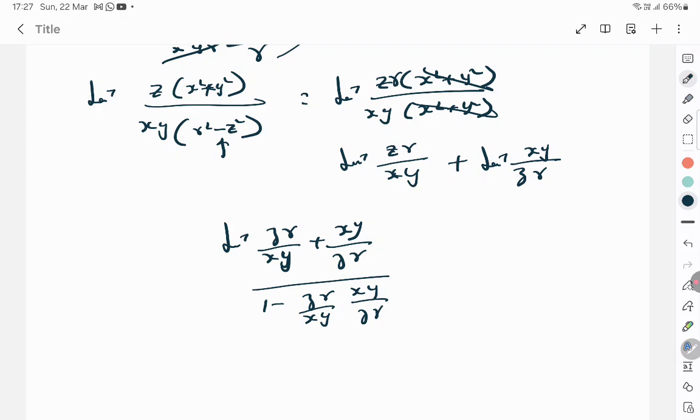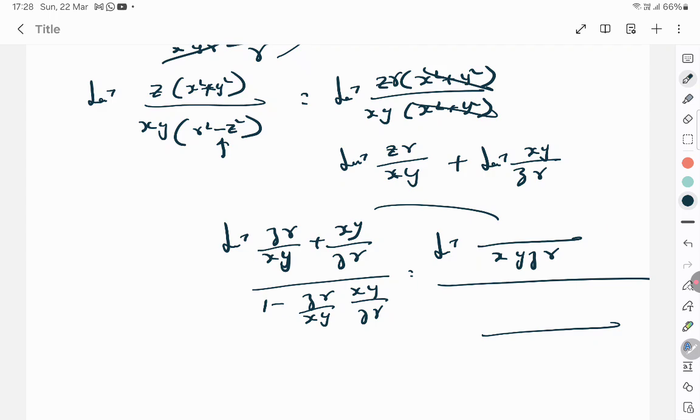When you solve this, you will again get, let's do LCM. The LCM for the denominator will be x, y, z, r. Whereas for the numerator, it will be x, y, z, r square.